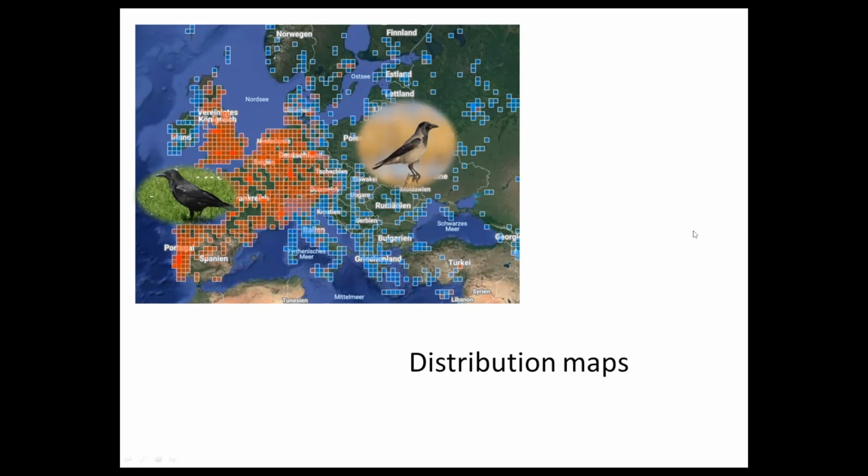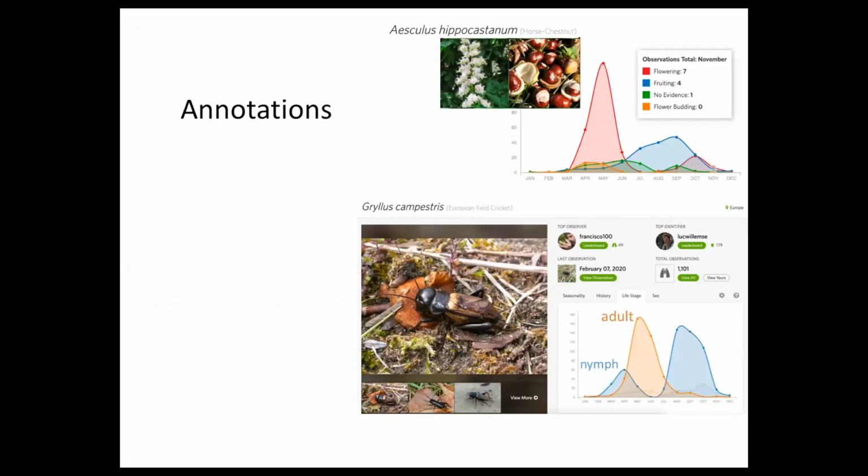So the distribution map is one part, and then there are also annotations. You can contribute not only by entering observations and thus contributing to distribution data, but you can also make further annotations, for example, to describe phenological phenomena, like in plants, the flowering date and the fruiting status, and in insects, for example, the developmental stage, and also the gender, if it's a male or a female.